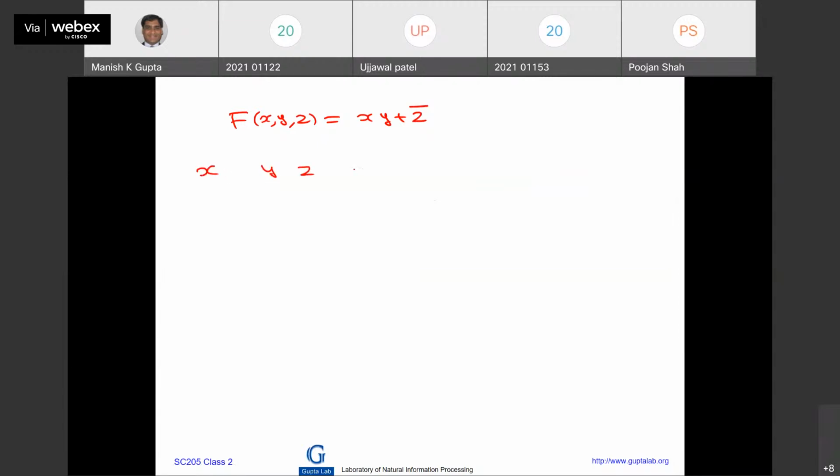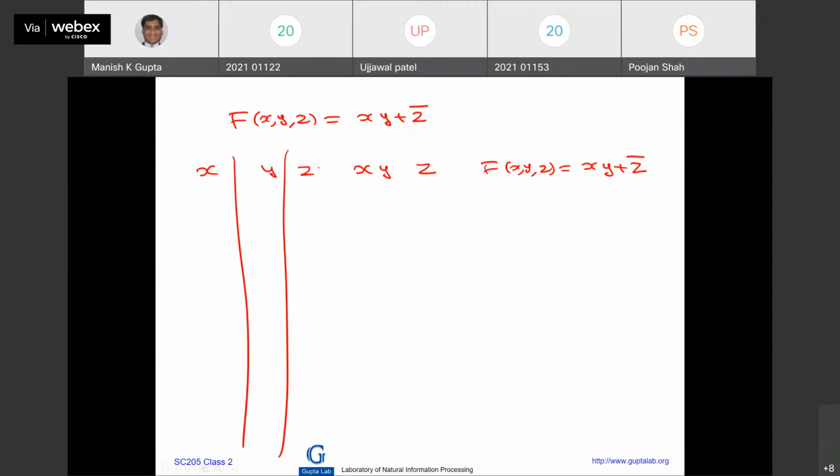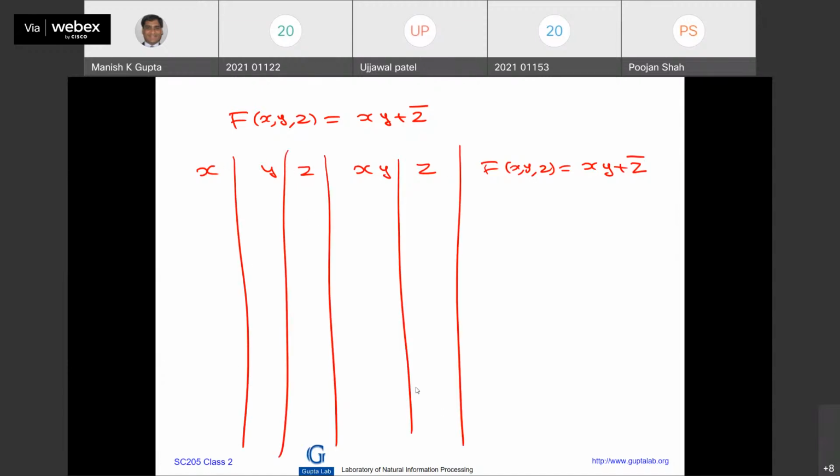So I can make a table, using the values which I told you earlier. I can compute 1, 1, 1. So x into y is 1. Z you can take 0. This value is put, this 1, 1. X is 1, y is 1, x into y is 1.